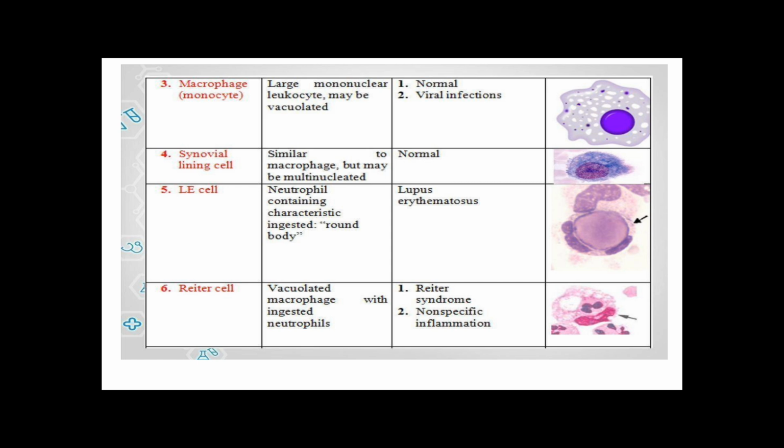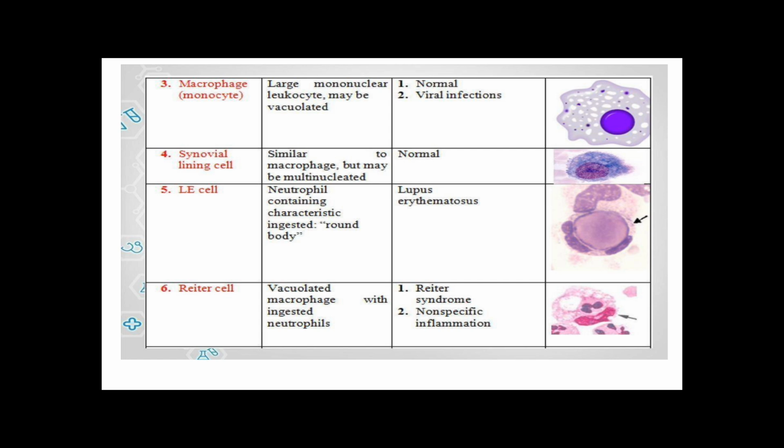Synovial lining cells are similar to macrophages but may be multinucleated, right? Macrophages, histiocytes, are mononucleated, but synovial lining cells look like macrophages and contain multiple nuclei.